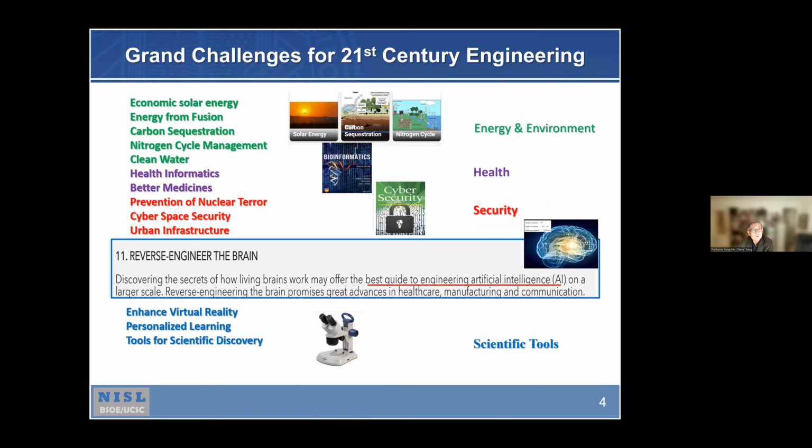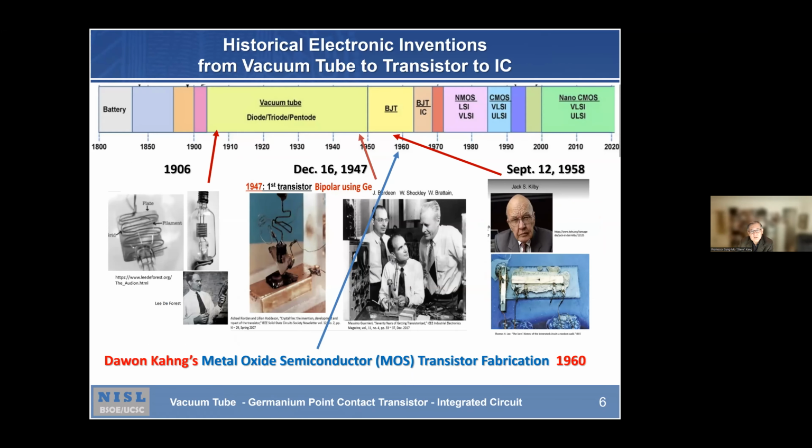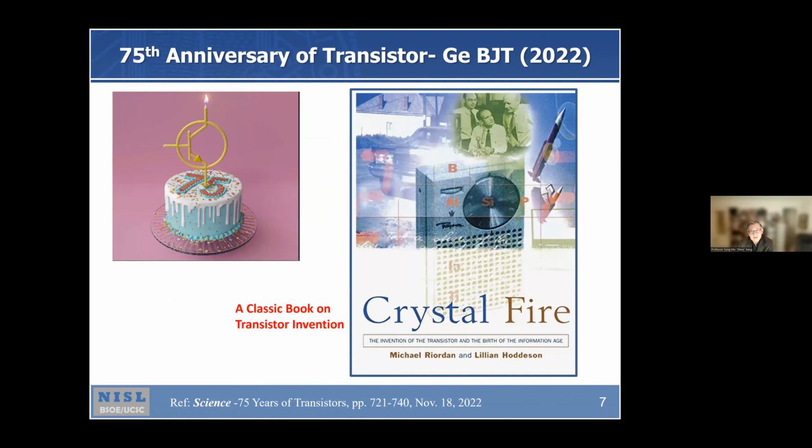So I talked about grand challenges, the cyber physical world, semiconductor electronics, and then the history of transistor invention and the integrated circuit. And this is the anniversary of the transistor invention, and the book Crystal Fire by Michael Riordan and Lillian Hoddeson.